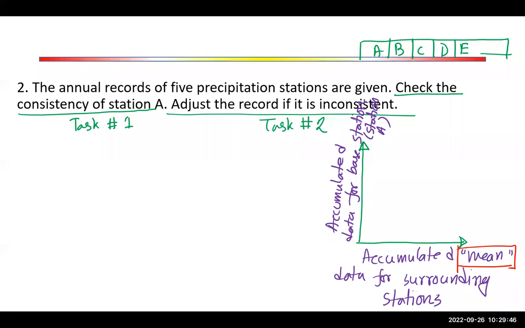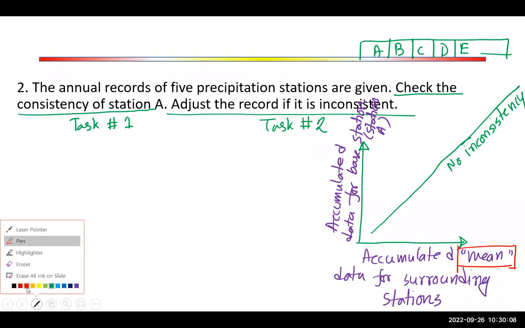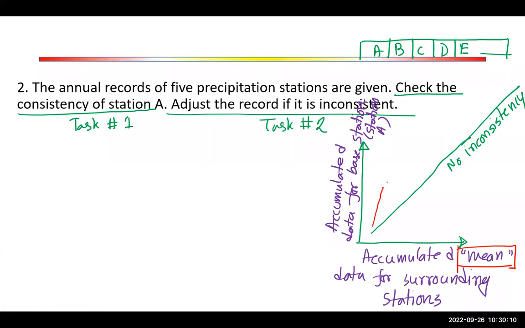Just the mean. Okay. Now you can have 3 different scenarios. You can have perfectly this type of line. Okay. That means no inconsistency. Great. Or you can have this type of data set, or you can have this type of data set.